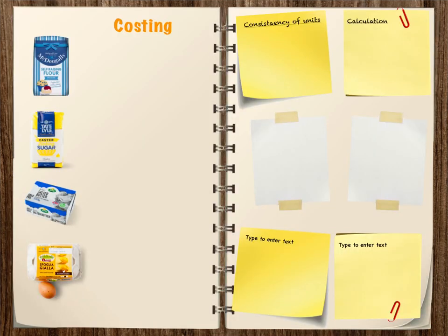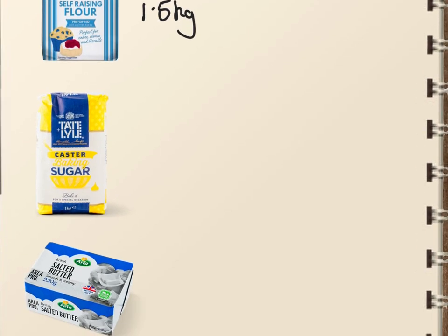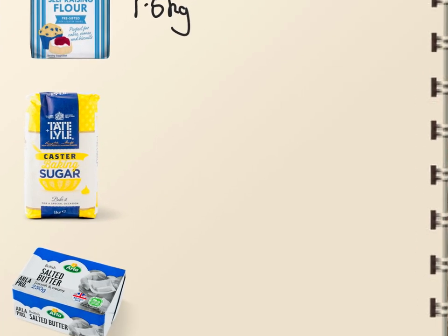Right, to do that, we first of all need to know how much things cost to buy whole and the volume. A bag of flour costs us 79 pence and weighs 1.5 kilograms. Sugar costs £2.25 and weighs in at 1 kilogram.